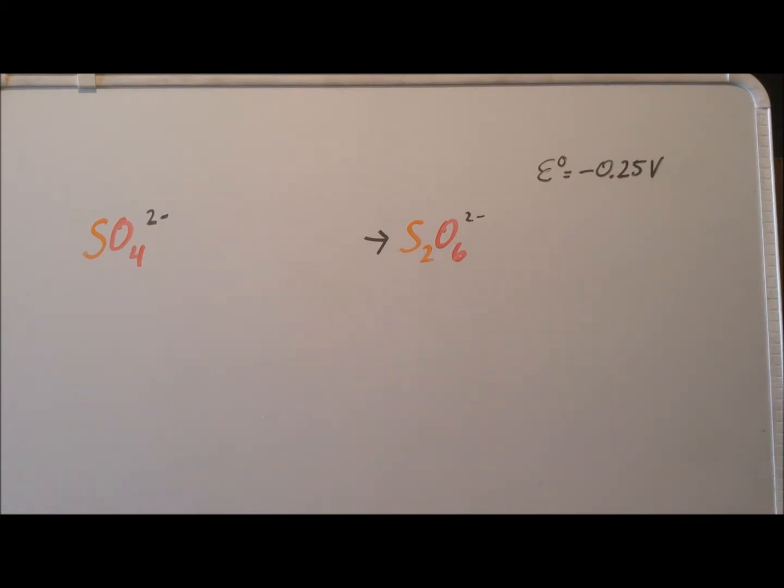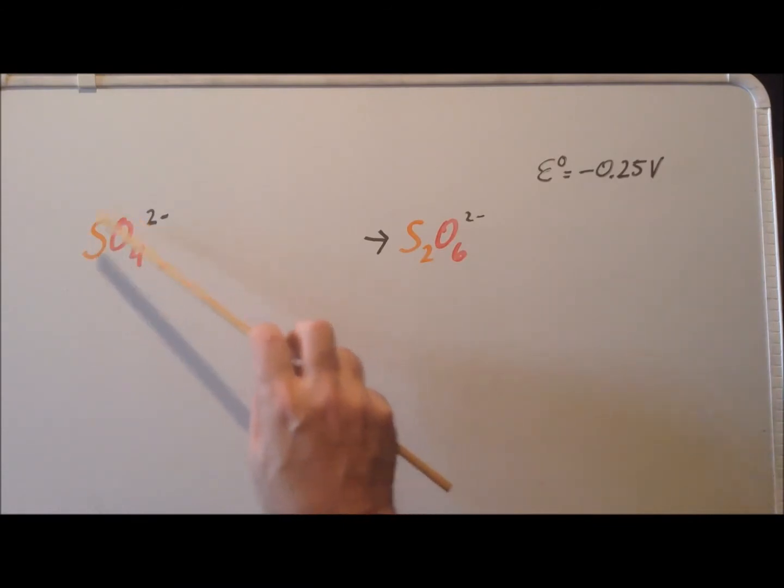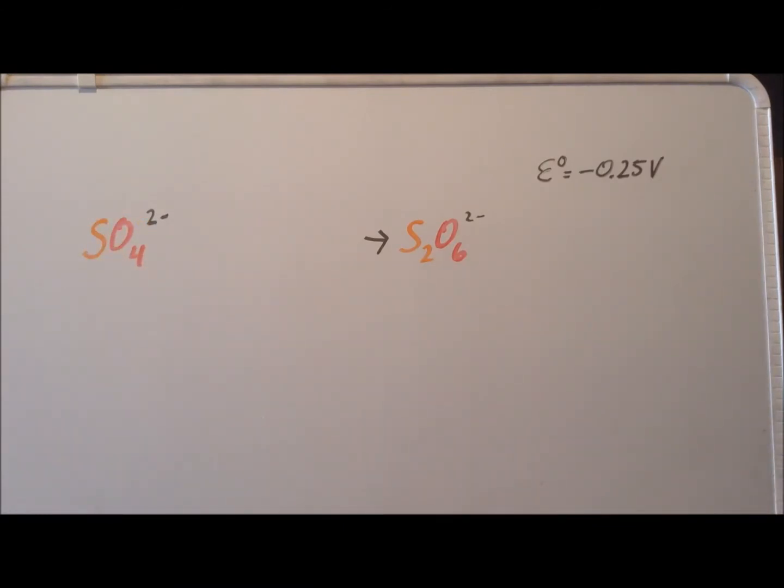A first thing to notice is that in the sulfate ion, the oxidation number of sulfur isn't immediately obvious. We can assume that in anything other than a peroxide, the oxidation number of oxygen is going to be minus 2, as long as it's not peroxide or elemental oxygen, for example. So each of the oxygen atoms has an oxidation number of minus 2. That gives us a total of minus 8 for all the oxygens counted together.